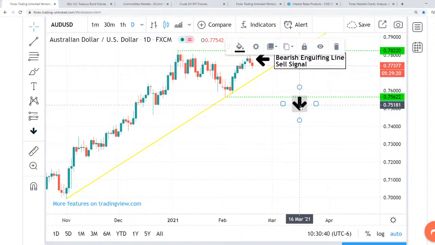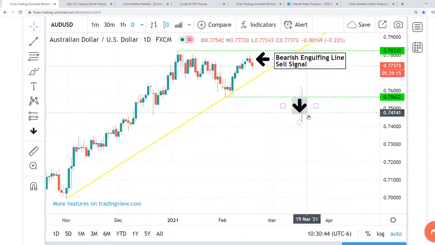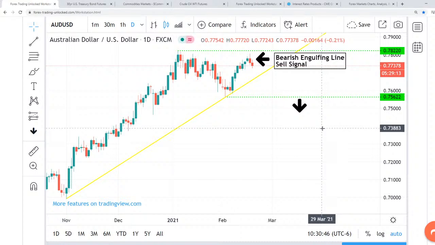The only way I see the market, the Australian dollar, US dollar getting under 75.62 would be if we have a situation where you have the oil market falling back to make lows versus highs, meaning we're at $60 right now, 60 plus.